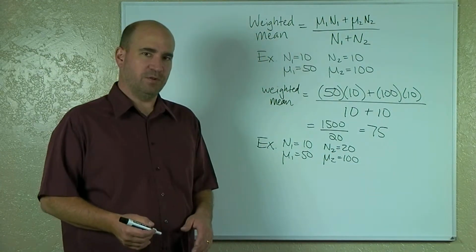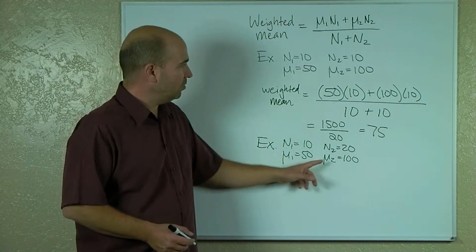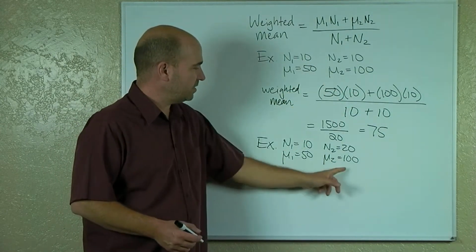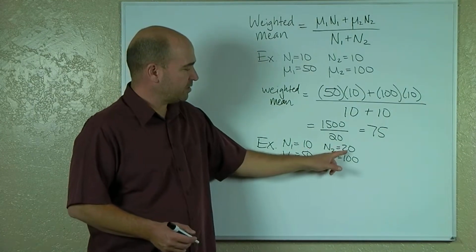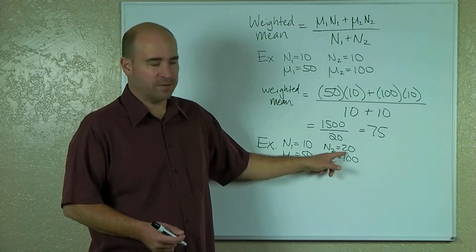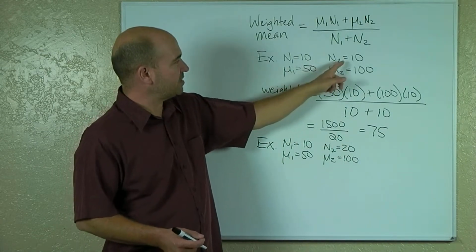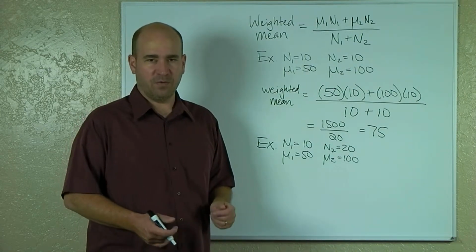So comparing these two examples, notice that the only difference between the second and first examples is that the second group has 20 values in it, or 20 people's scores, or what have you, where in the first example, the second group had only 10. So let's go ahead and run this through the formula and see what we get.